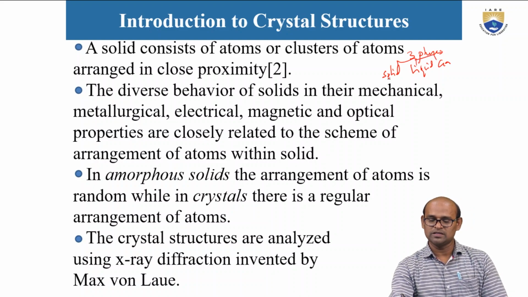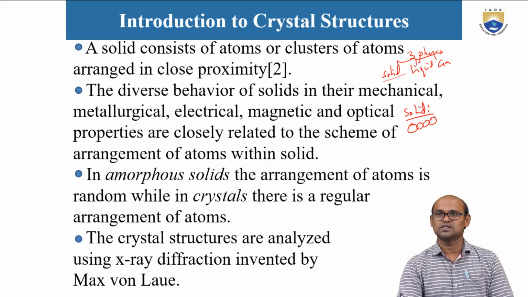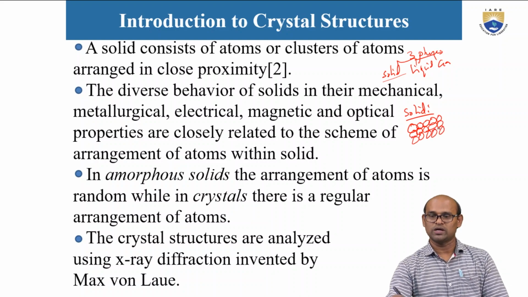And we classify solid as having all the atoms arranged very close by. If you look at the atomic arrangement in a solid, suppose it is a gold material, all the gold atoms are sitting very close to each other. We will discuss where they are sitting in detail in the coming slides.